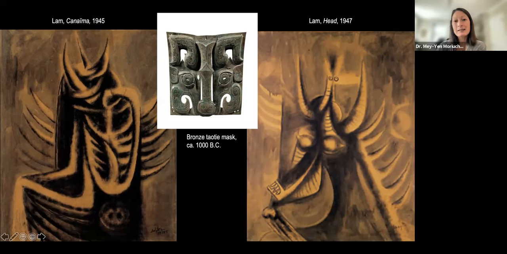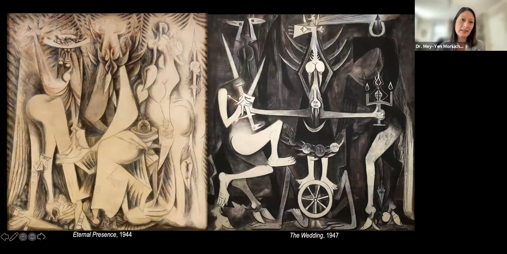Early masks like this one from around 1000 BC were worn by horses as protection, and they were believed to guide the believers on heavenly journeys. So I bring this in just to offer up some other possibilities for how we might interpret the horse motif, the horse figure in Lam's work. I certainly think there are some personal connections there to Chinese culture and traditions.